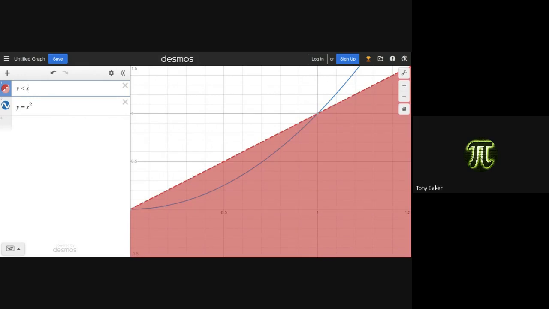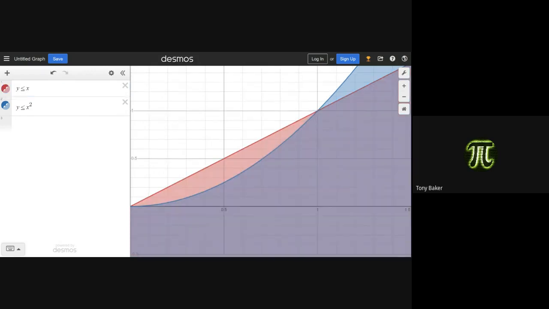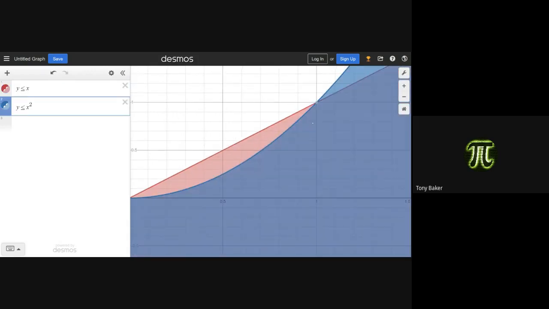So that red piece right there is the part that I want. The one that's double shaded down the bottom, I don't want. So when we're looking at the area, I'm going to cut the blue part out of the red, and that's going to give me that hole as it changes.